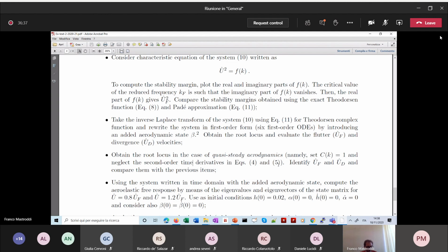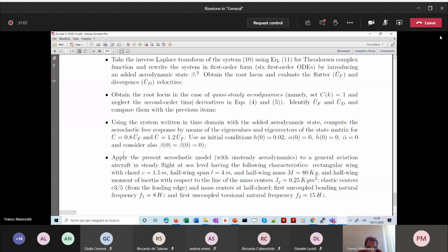The very last question in the exercise is important because this last question is deeply related to the fact on how one applies this simplified theory in an actual aircraft configuration. You have a real aircraft. The question is, if you have a real aircraft, can you apply or use this simplified model for your real aircraft? The answer is yes, you can.